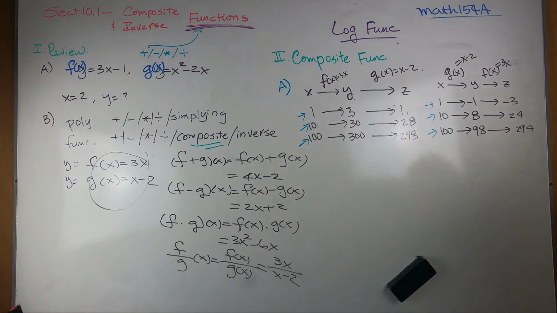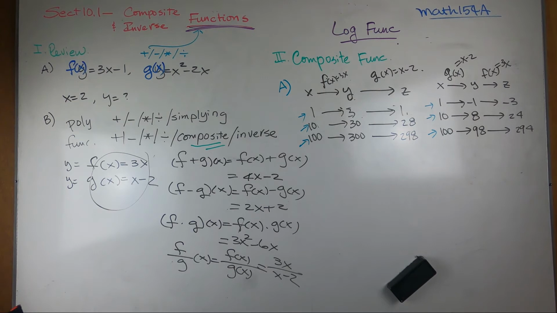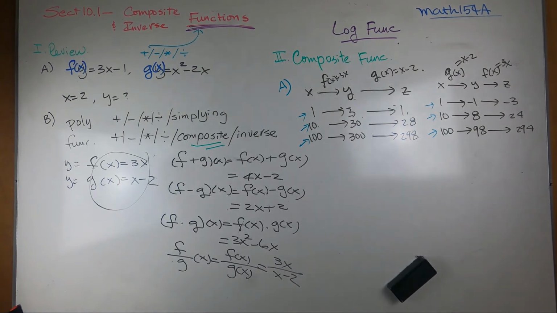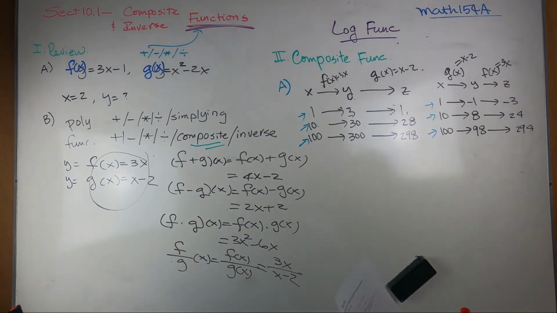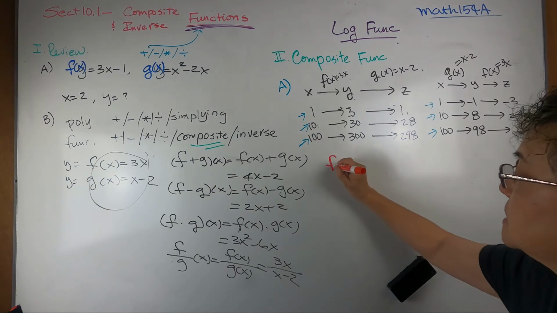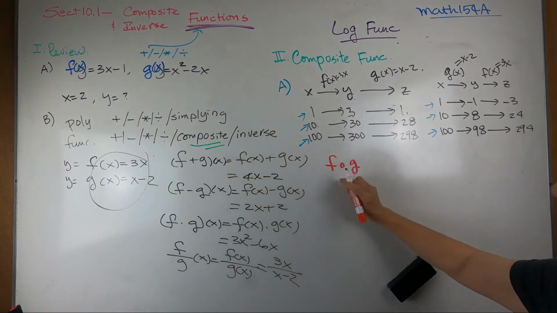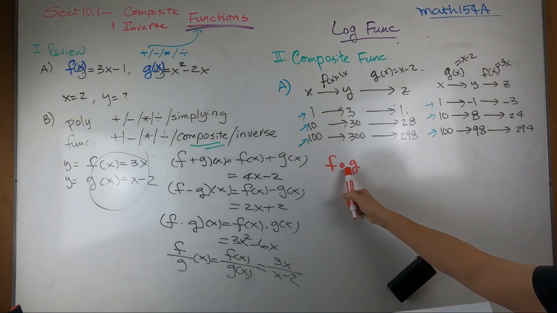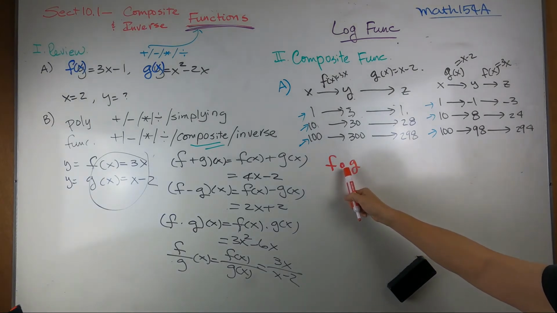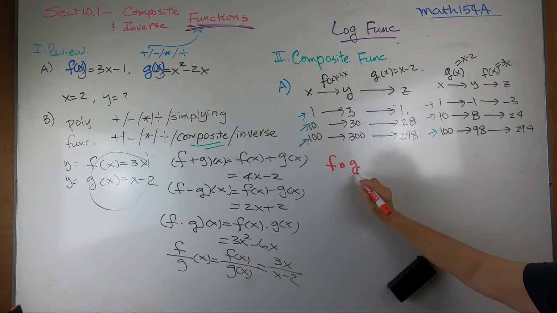Okay, so notations are this way. For stacking up, for composite functions, we do it this way. When we stack up, we use this symbol, we call it Cheerio, a little circle, that's a formal symbol of the function. So what does that mean?